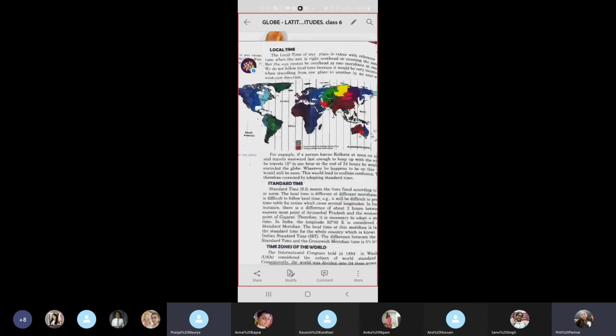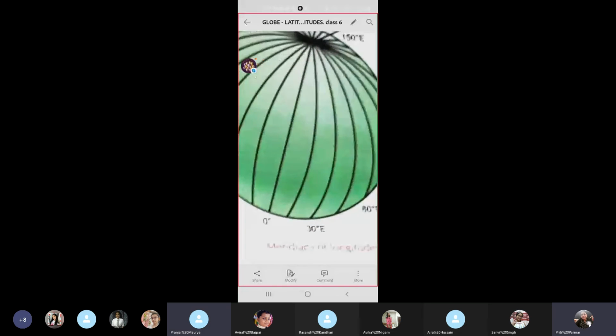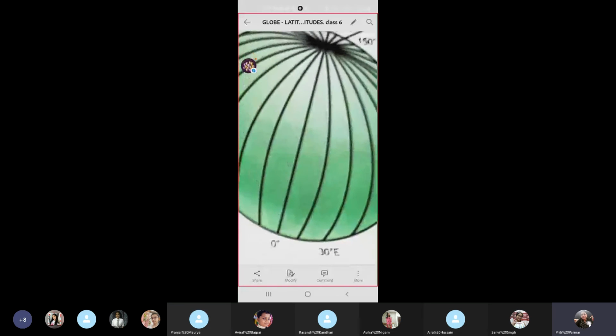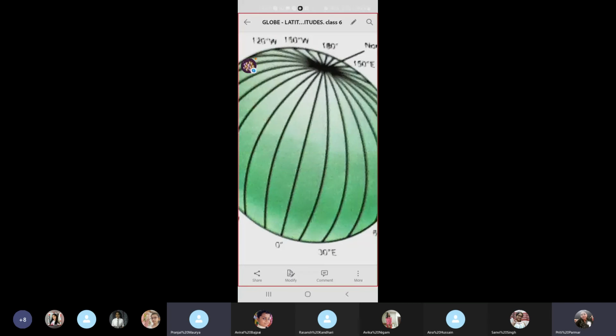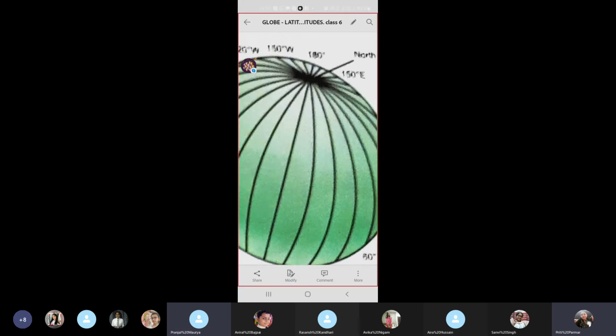Now, please see this. We know that 0 degree is the prime meridian, and the line just behind it, can you see 180 degrees there? If the prime meridian has 12 noon, the international date line at 180 degrees has midnight, and after midnight we have a date change.